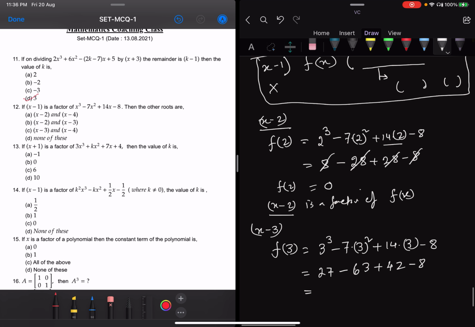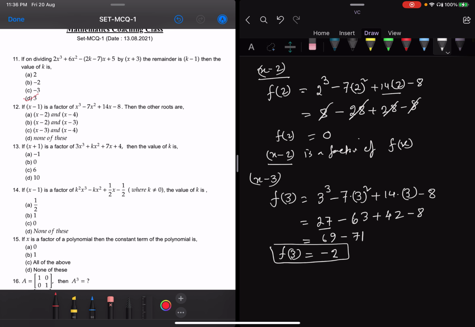Let us check. 27 and 42 is 69, and minus 63 and minus 8 means minus 71. Okay, now that means it is not equal. 69, 71, it's minus 2, f of 3. So we can see that x minus 3 is not a factor.